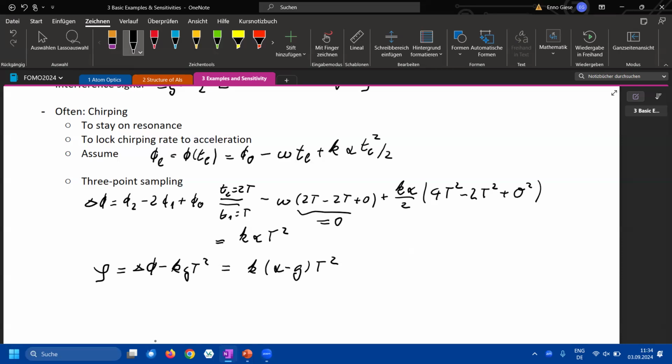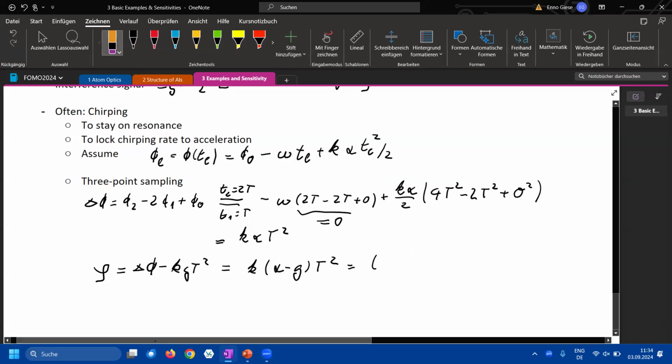And now we can also write this as, for example, alpha divided by g minus 1 times k g T squared. And what we observe now is, if alpha is equal to g, the phase vanishes. So we are always at the same point.